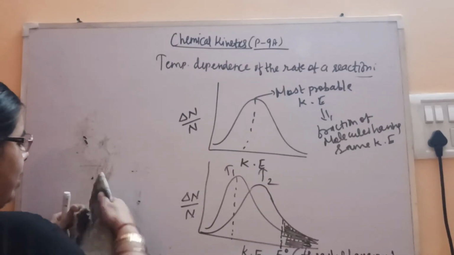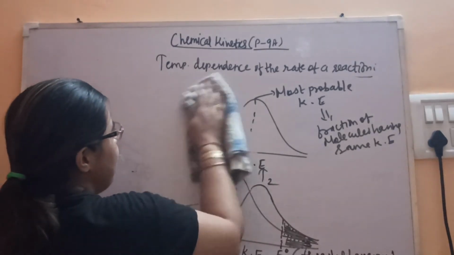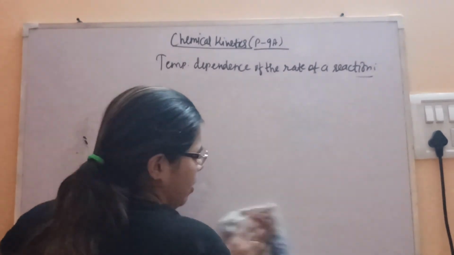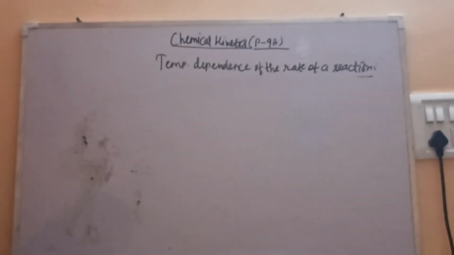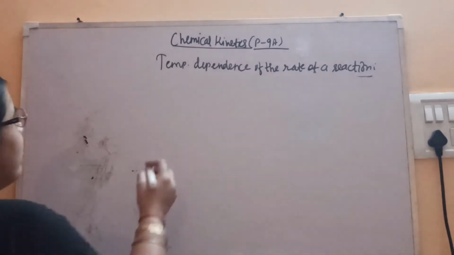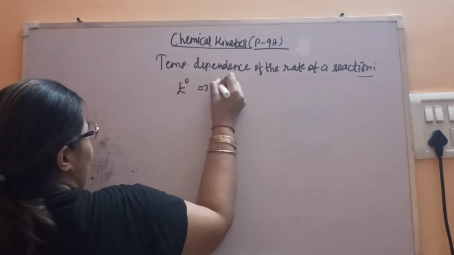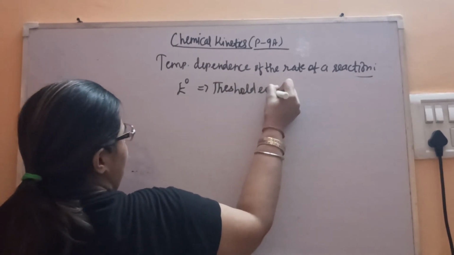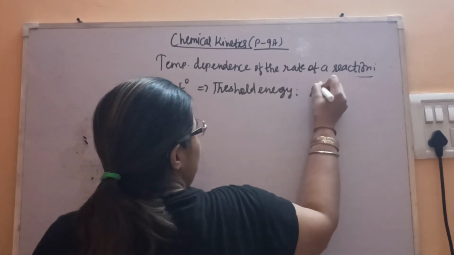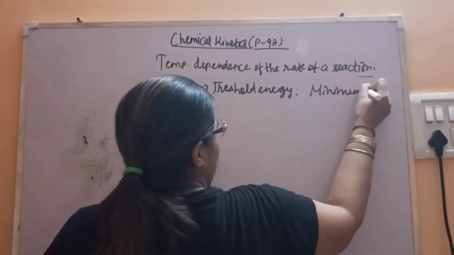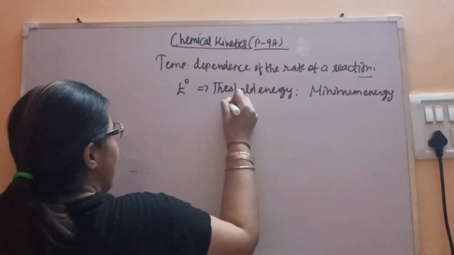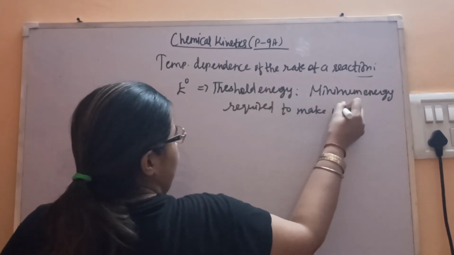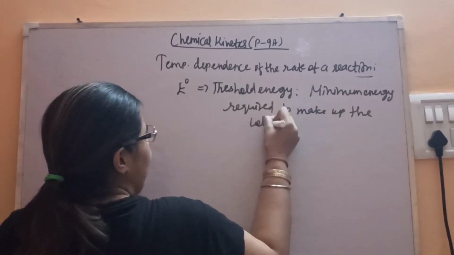So let's see what E naught is here, which is the threshold energy, that is the minimum energy. So what is E naught here? That is the minimum value of energy, threshold energy, that is the minimum energy required to make the collisions effective.